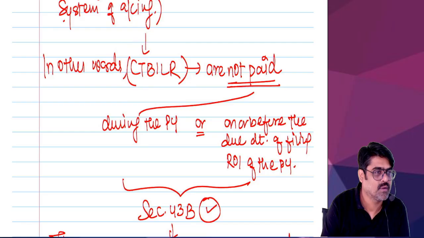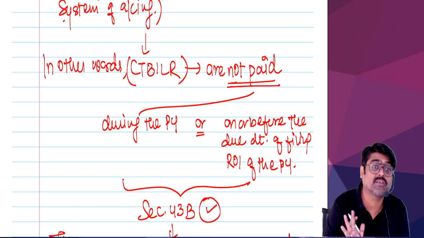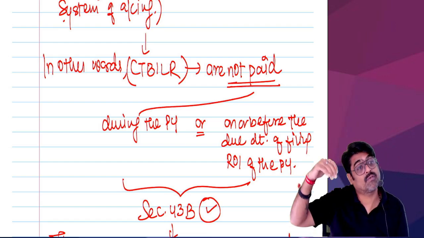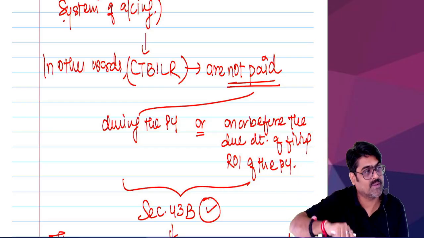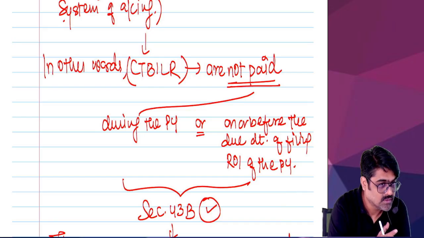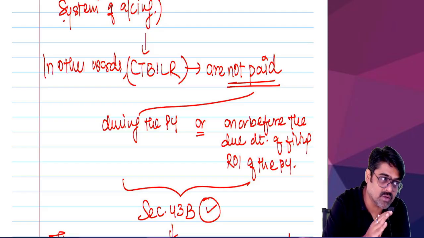But if they are not paid on or before the due date of filing ROI, then those expenses will be disallowed. They will not be allowed as a deduction from this year's business income. They will be allowed out of the business income of that year in which they are actually paid. And those expenses also include T for taxes: taxes, duties, cess related to your business or profession.